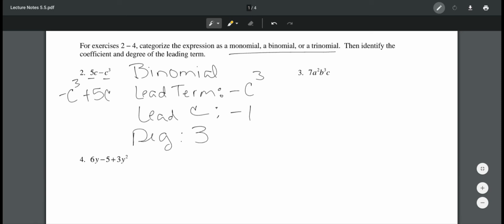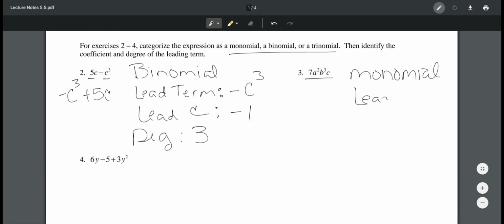Now, if you look at example 3, there's only one term. But if you notice in that one term, which means it is a monomial, there's no adding or subtracting going on in that problem like there was in number 2, where you had one term minus a second term. Now, to identify the coefficient, that would be 7.